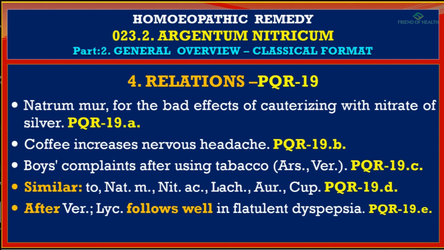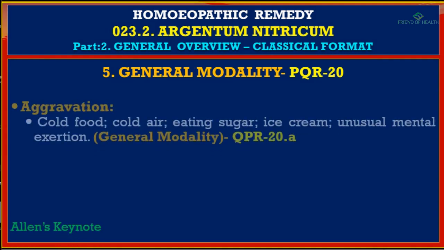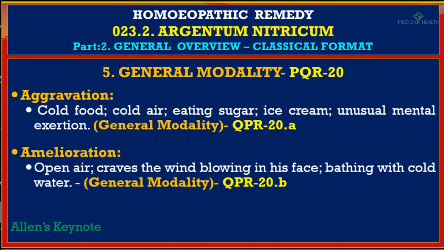After Valeriana, Lycopodium follows well in flatulent dyspepsia. General modalities where you will find aggravation: cold food, cold air, eating sugar, ice cream, unusual mental exertion, and the patient is better by open air, craves the wind blowing on his face, bathing with cold water.